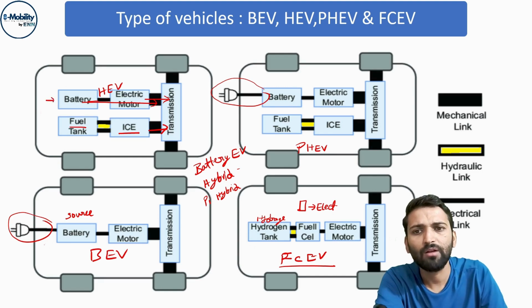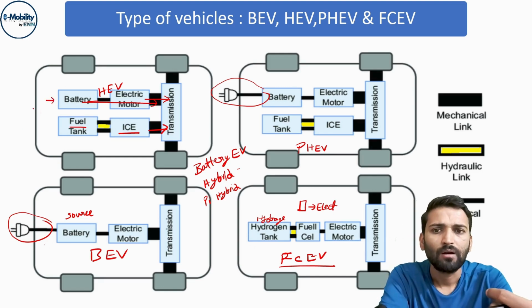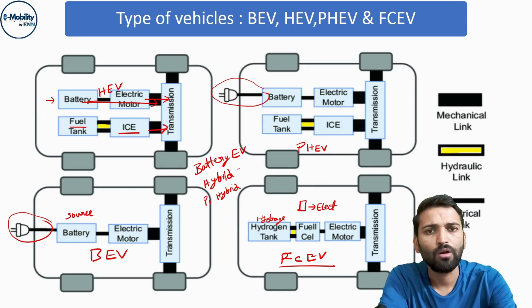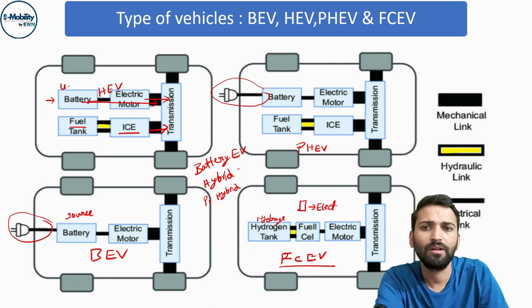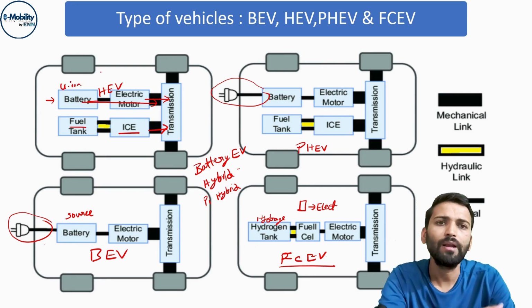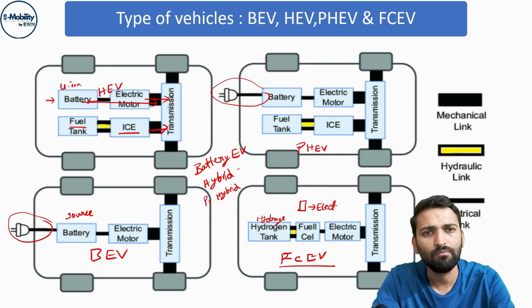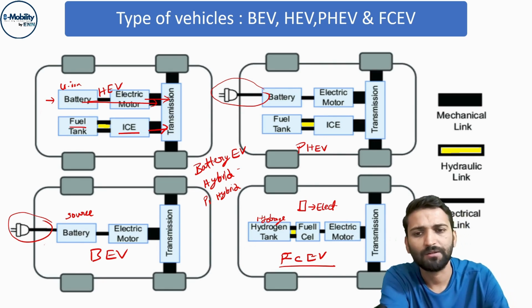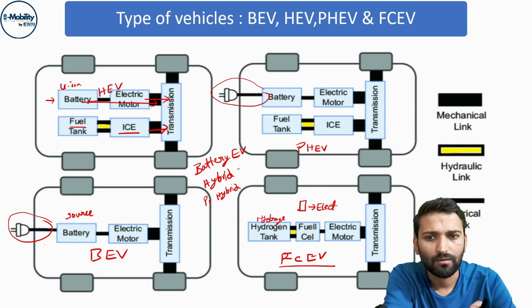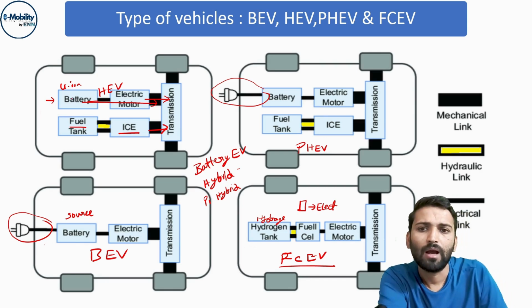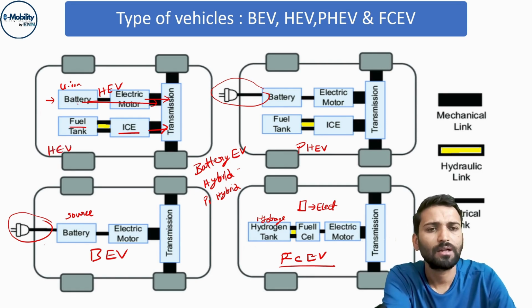In the battery, we are using some chemical composition to store the electrical energy. We might use lithium-ion or any kind of battery which has some chemical or element combination. The only thing we should take care of is how the battery in a hybrid electric vehicle is being charged.